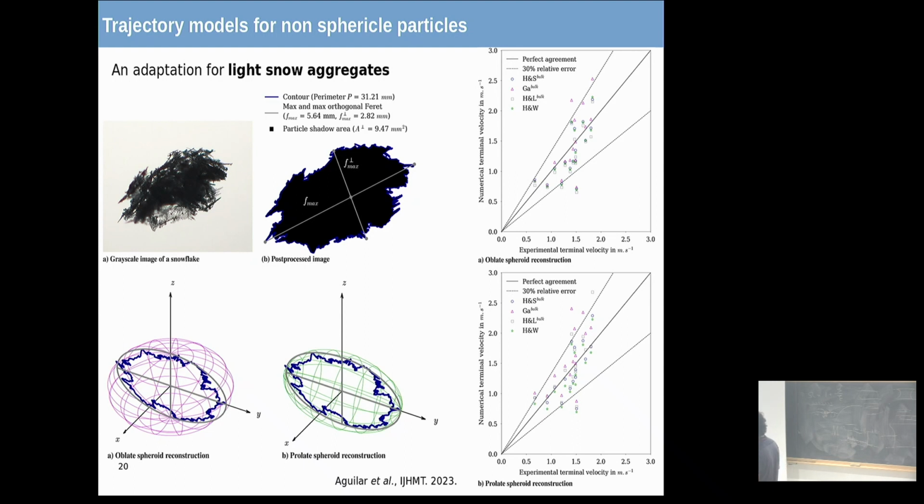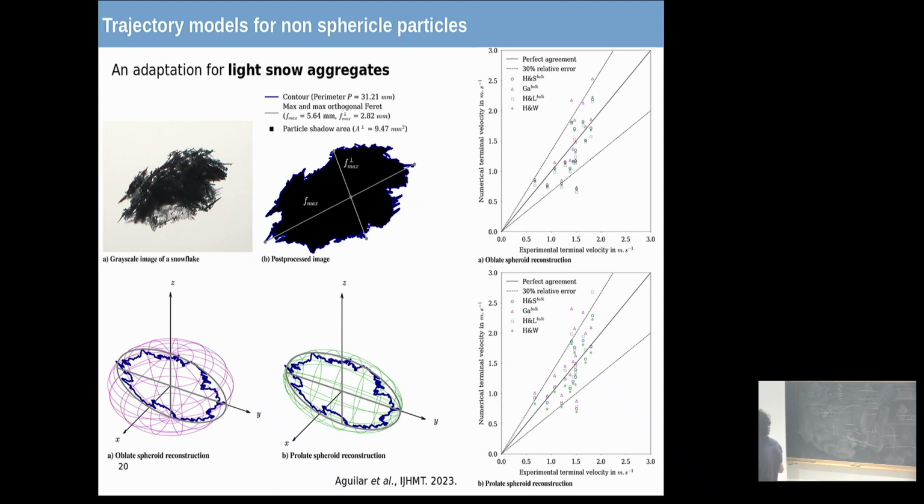Here is a typical image we have. So we measure the two diameters, F max and F orthogonal max, and we build two spheroids from this one. The one where the rotation is around the main axis is the prolate, and the one where the rotation is around the minor axis is the oblate spheroid.